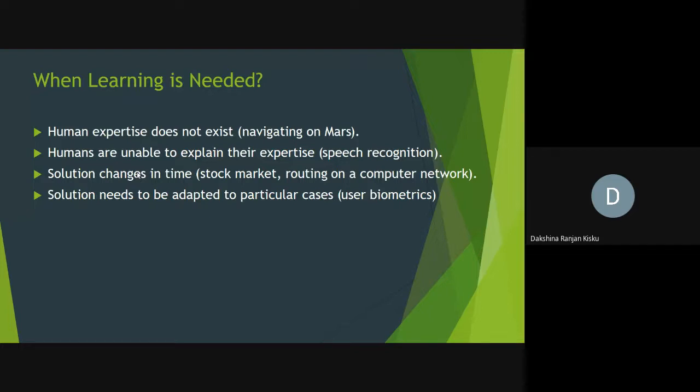If I consider navigating on Mars, then in such a situation human expertise does not work. So machine learning algorithms can be used in place of human expertise to do the same tasks. One such situation is navigating on Mars.